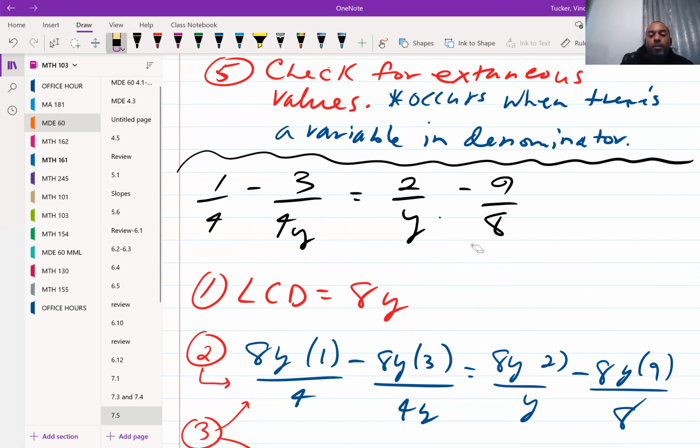All right, so step 3 is to go ahead and reduce. So each one of your denominators, if you actually have an LCD, each one of your denominators should be able to divide into that evenly and cancel out. So let me put all my slashes back.